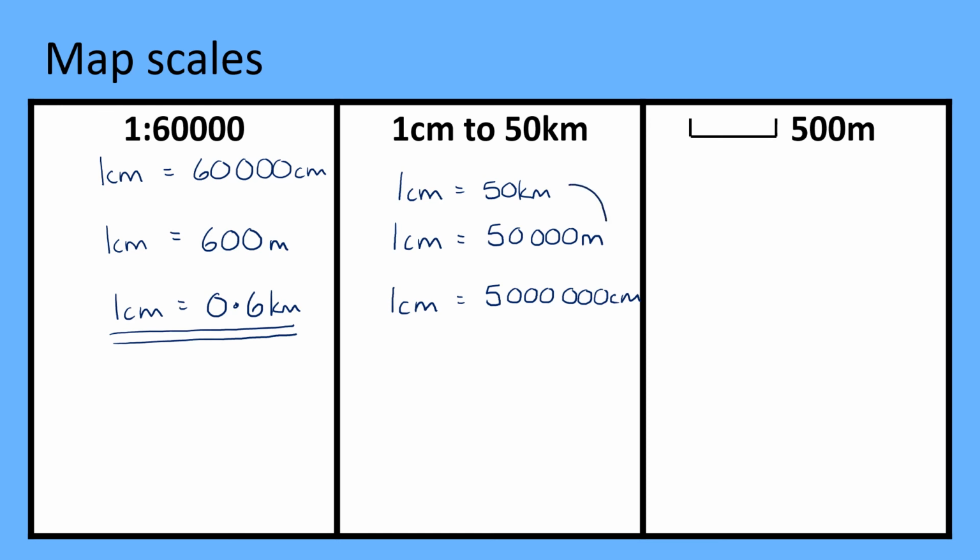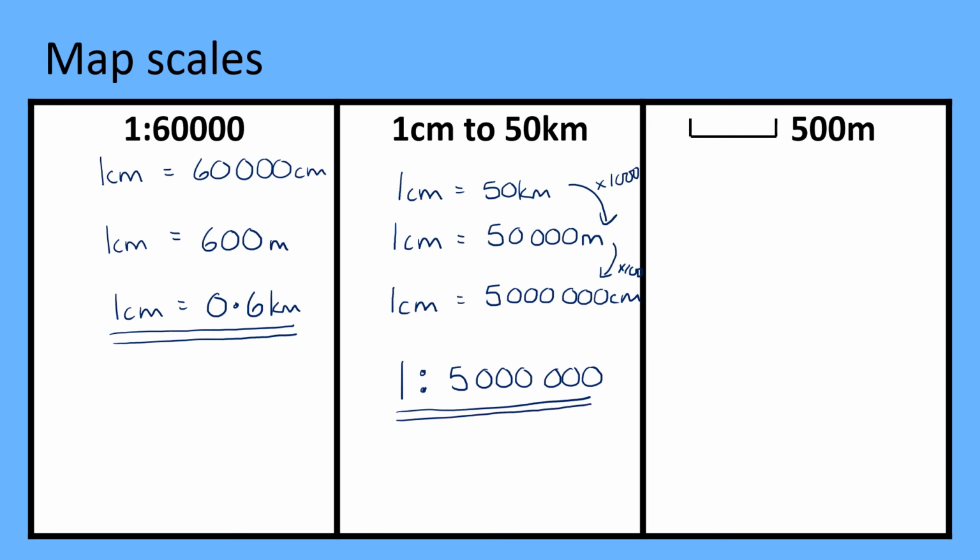So kilometres to metres, we've times by 1,000. And then metres to centimetres, I've times that by 100. So now that they're both in the same unit, I can get rid of the unit and write them as a ratio. So 1 on the map would be 5 million in real life.